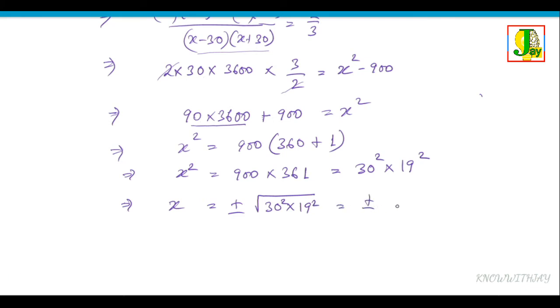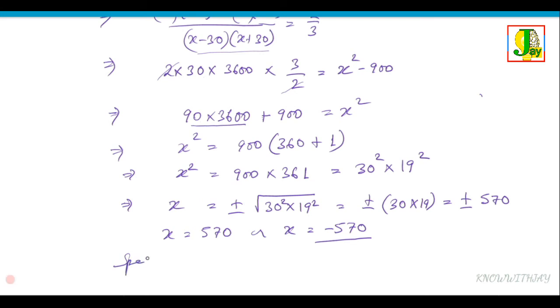You get plus minus 30 into 19, if you multiply this you get 570. So x equals 570 or x equals minus 570. So speed cannot be negative, so discarding the negative value, we have speed of aeroplane in still air equals 570 km per hour.